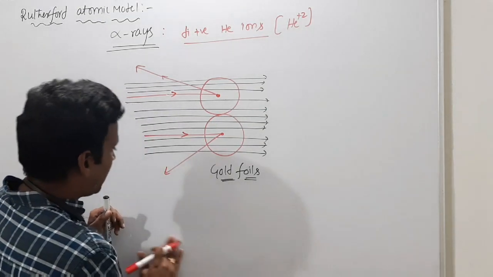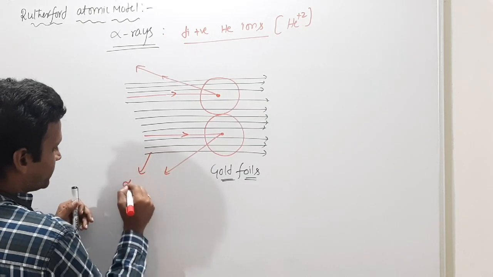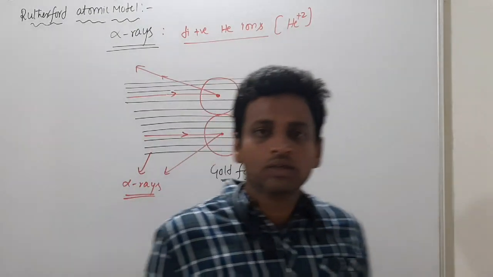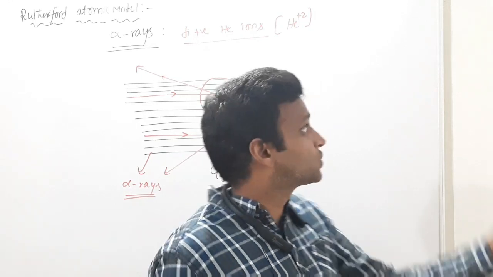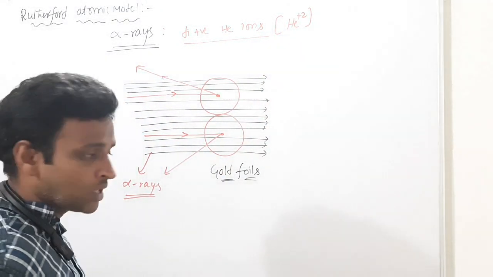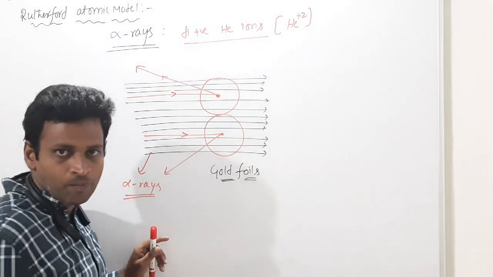These black arrows are alpha rays. Alpha rays consist of positive particles, helium positive particles. So alpha rays are positive.